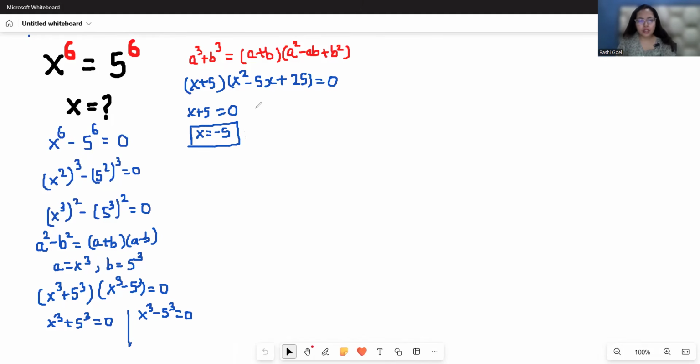Now this x square minus 5x plus 25 equals 0. So we are going to use the quadratic equation method, where a is 1, b is minus 5 and c is 25. So let's put the value x is equals to minus b plus minus under root b square minus 4ac by 2a.